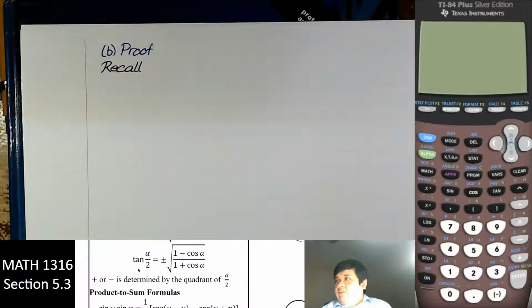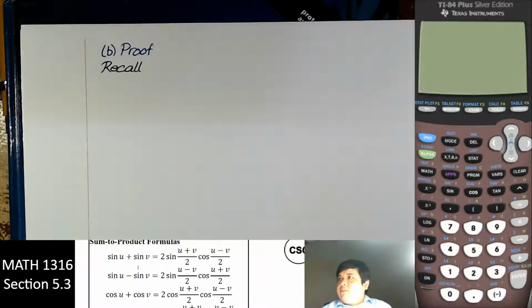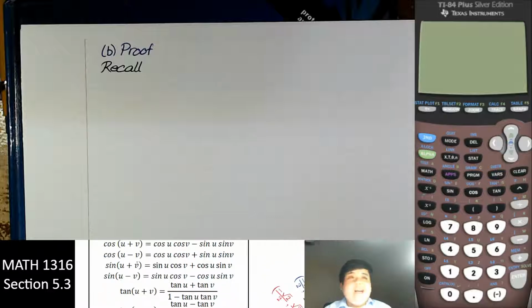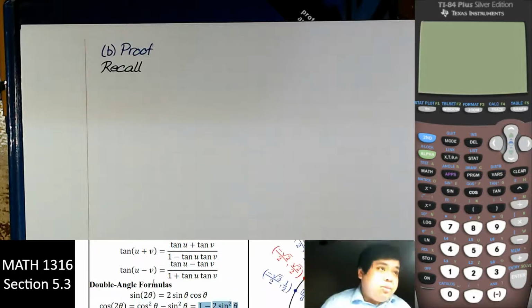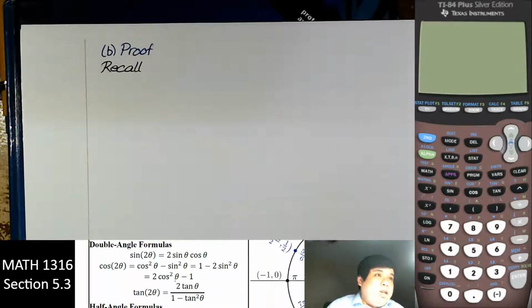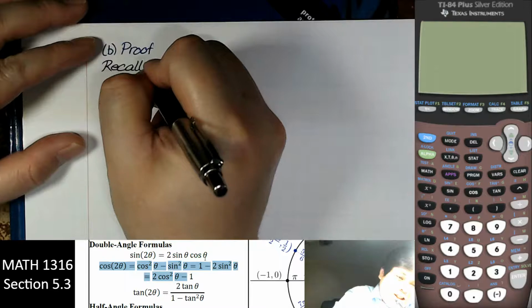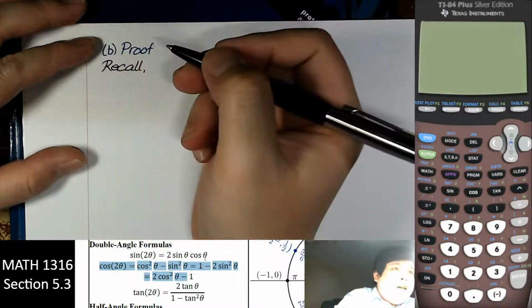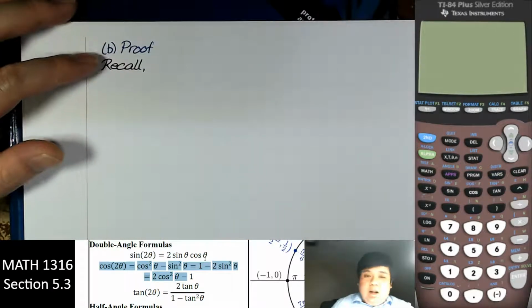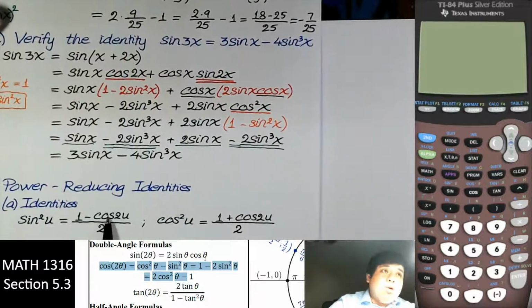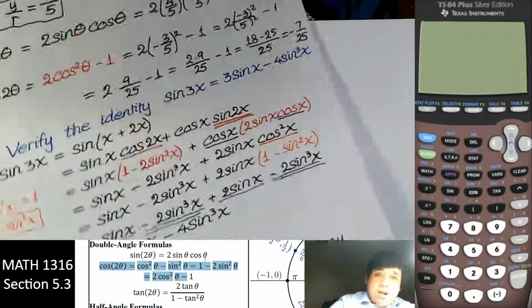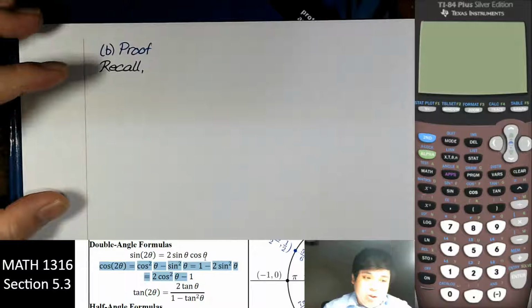I don't have the power reducing here in the formulas, because usually when I'm teaching trigonometry class, I put that question on the test and ask you to prove it. Right, very simple. Notice that both of them have cosine of 2u. So that's where we start, with the cosine of 2u.